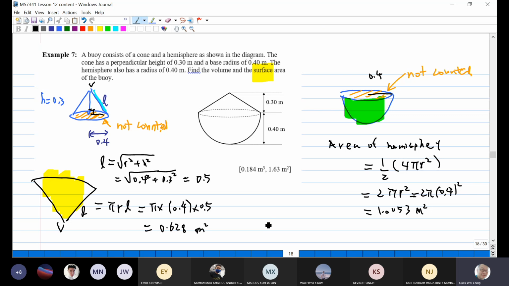So the total surface area, add them all together, is the orange one plus the green one. You get 0.628 plus 1.005, which gives 1.63. So this is how you answer example 7.